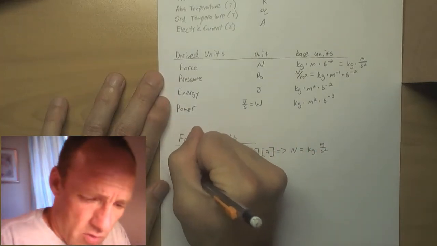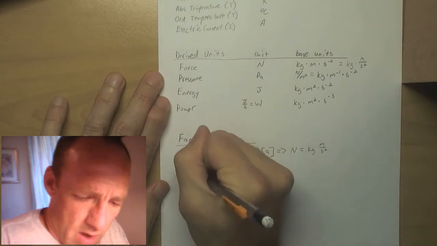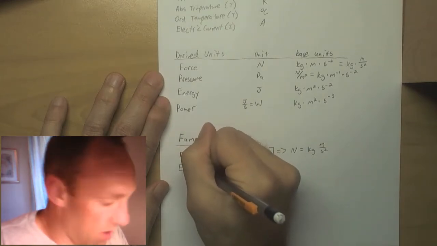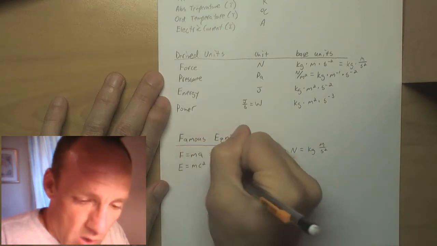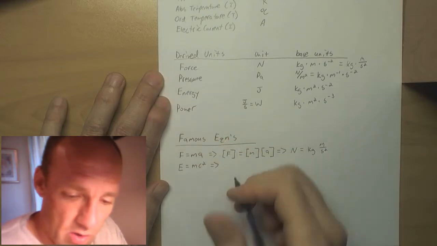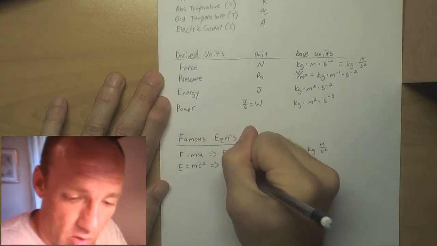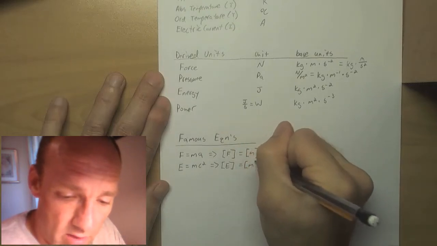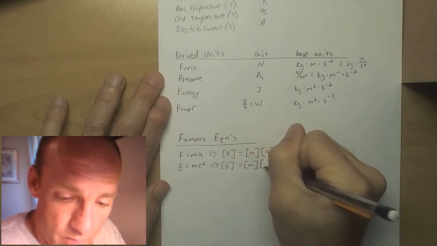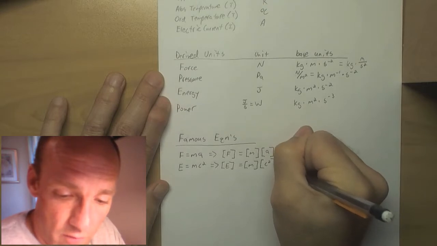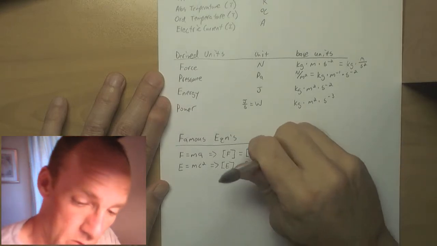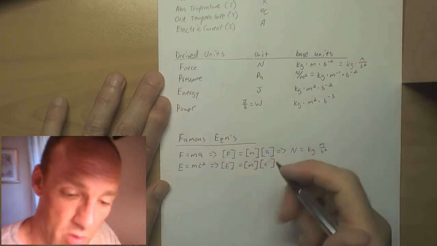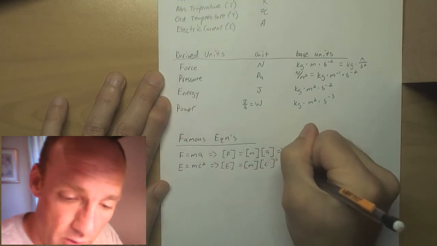Likewise, there's Einstein's famous equation, E equals mc squared, which I could write out as the units of energy have got to be equal to the units of mass times the units of c, which is speed, squared.